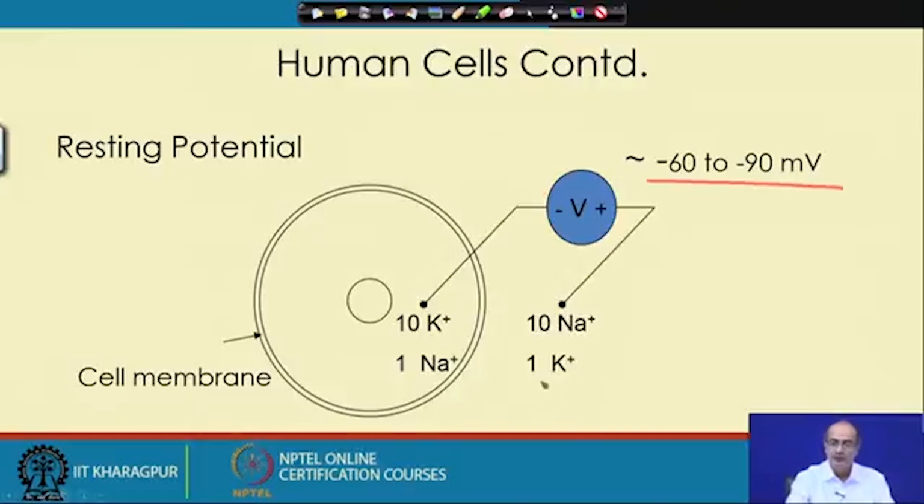So, an equilibrium is set. This electrical potential is repulsing the potassium ions from going out, and we get an imbalance like this: a 10:1 concentration of potassium ions from inside to outside, and just the opposite for the sodium ion, 10:1 from outside to inside.